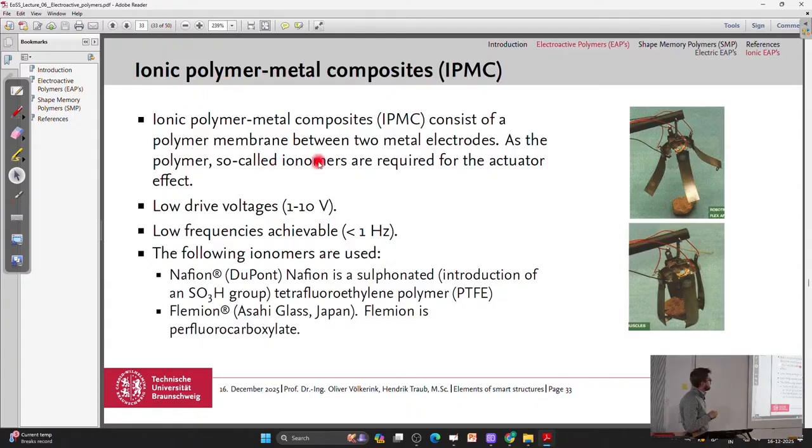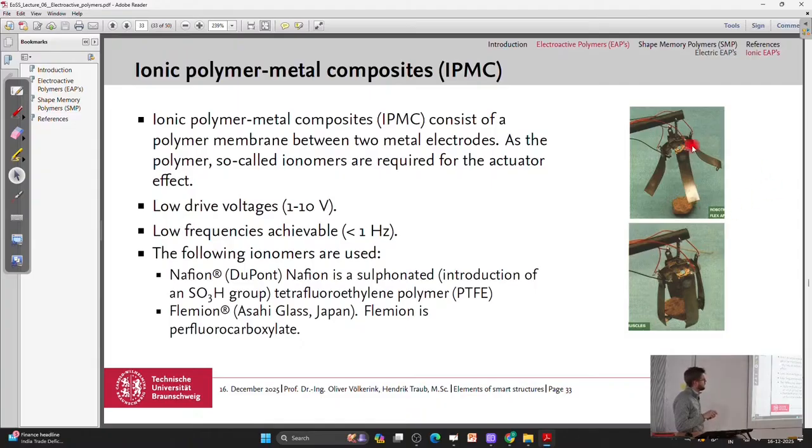The ionic polymer metal composites consist of a polymer membrane between two metal electrodes, and the ionomers, which are ion conductive, are required as shown for the actuating effect. And you can build these kind of, how is it called? In German it's a Greifer, so a grabbing device.